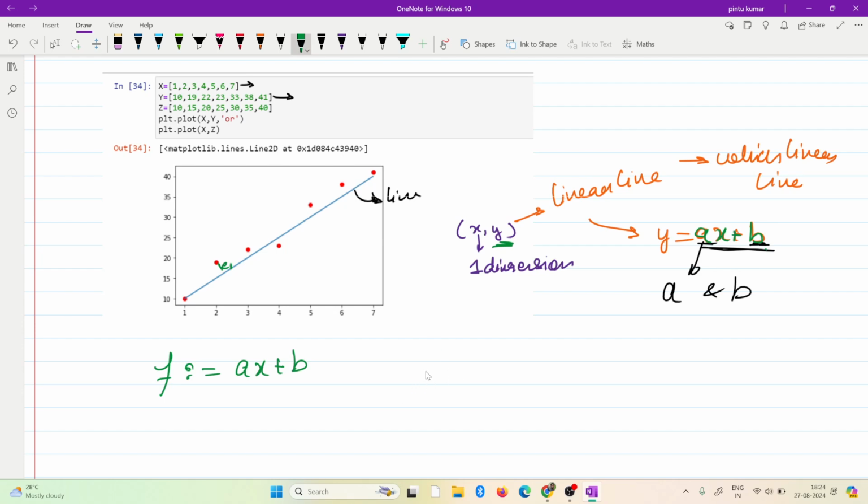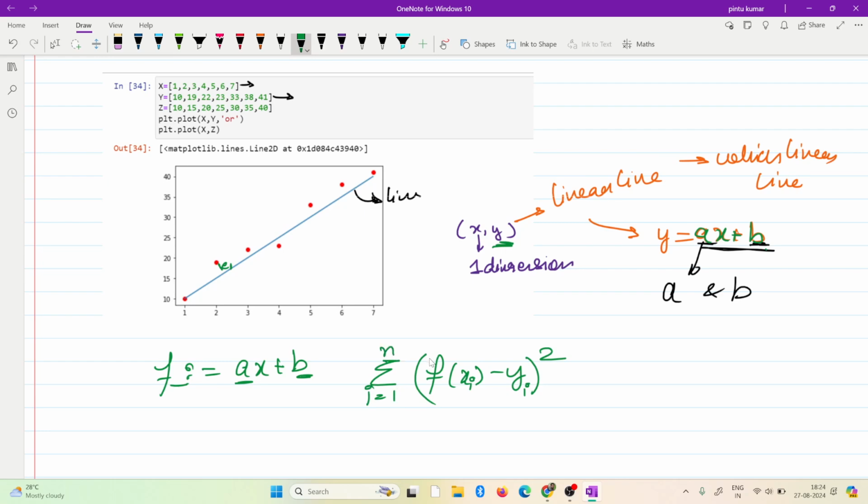So what you will do is you want the error between f of x and y. You want your f of x to be as close as possible to y. Okay. But you don't know the value of a and b. So the error is given by f of x minus y whole square. Okay, and you will sum it over all the data points that you have.